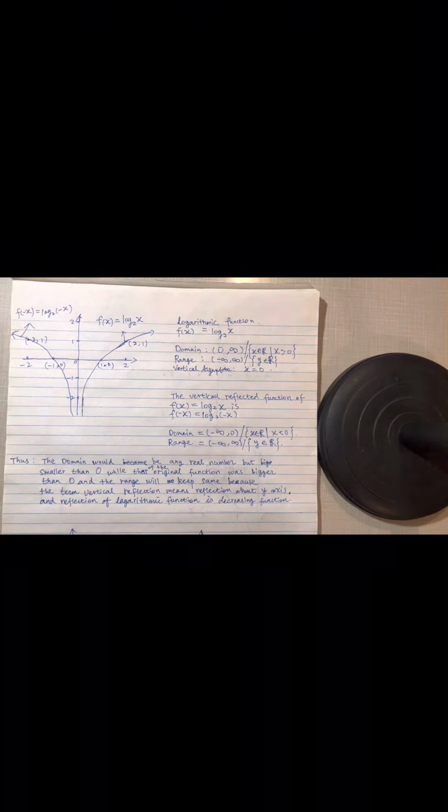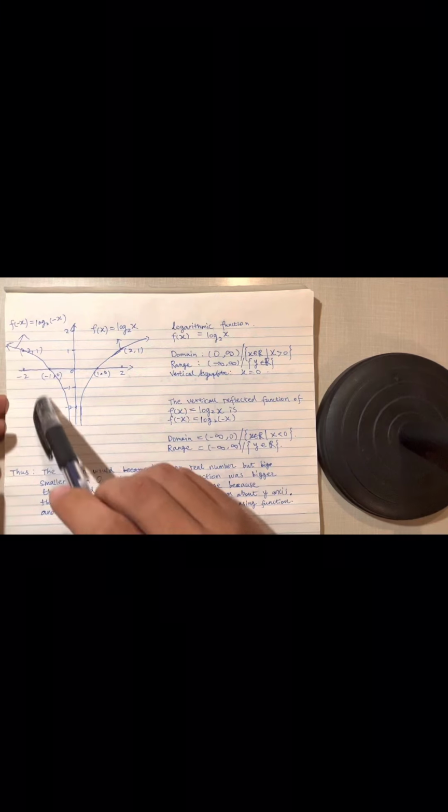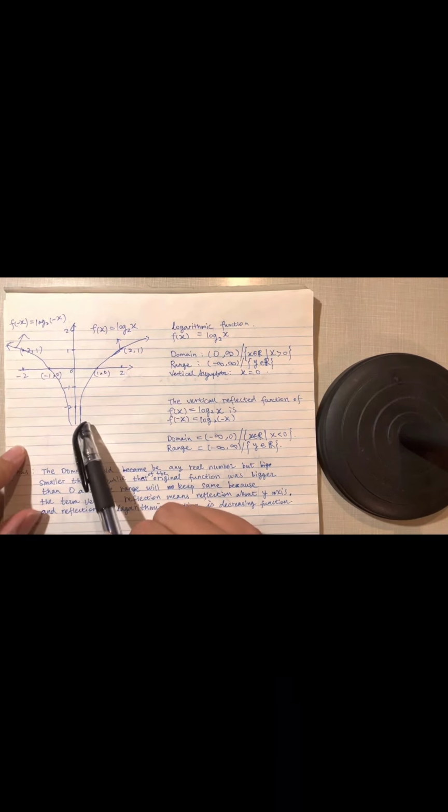Okay, so first of all, please look at this graph and these diagrams. I graphed a very simple and very basic logarithmic function, f(x) = log base 2 of x, and it looks like this.